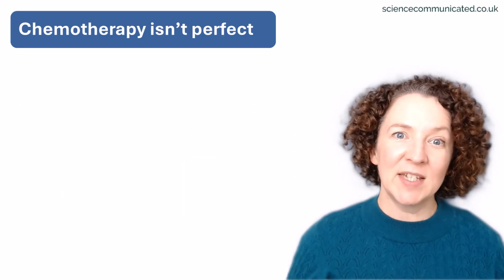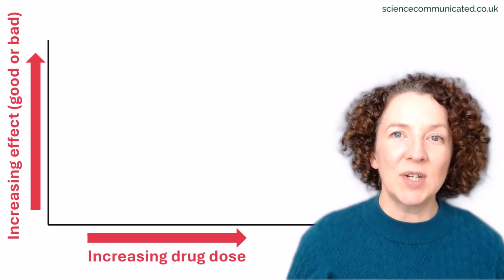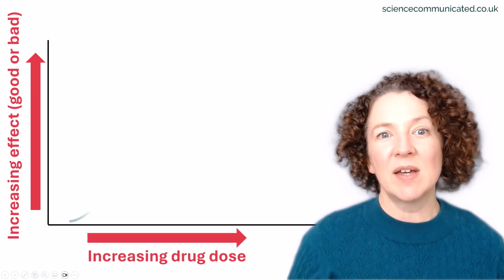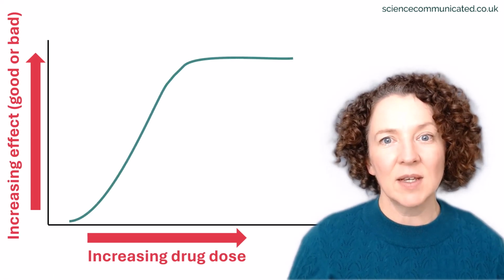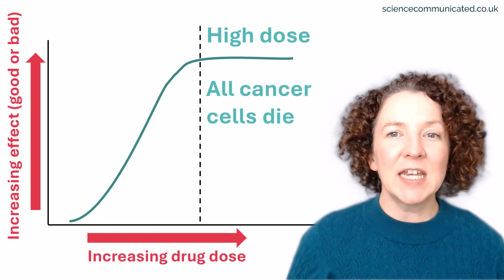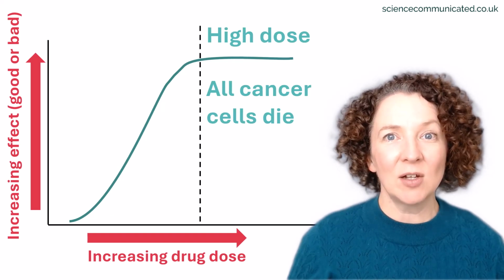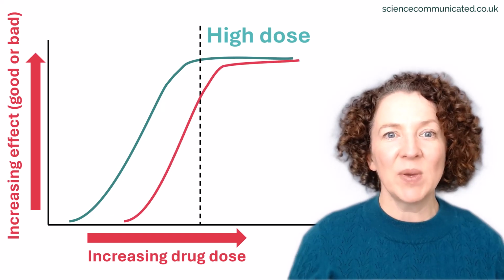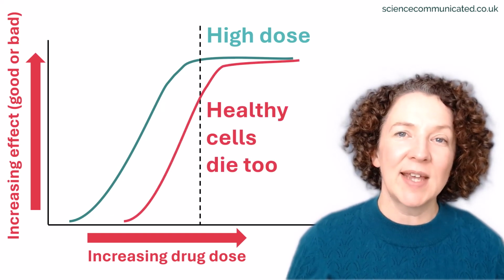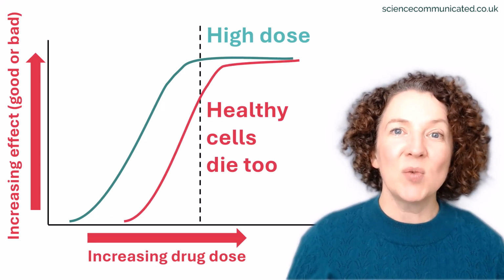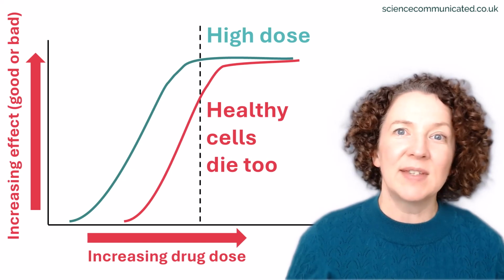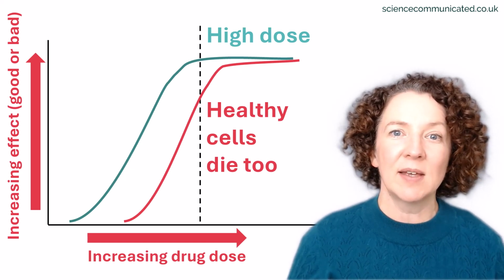Chemotherapy is by no means a perfect treatment. As you give the patient a higher dose of treatment, more and more of the person's cancer cells are killed. Ideally, you would give enough of the chemotherapy to kill all the cancer cells. But as you give more chemotherapy, healthy cells are gradually getting killed too, especially ones that multiply often, like those in the lining of the gut, those in the hair follicles, and white blood cells.